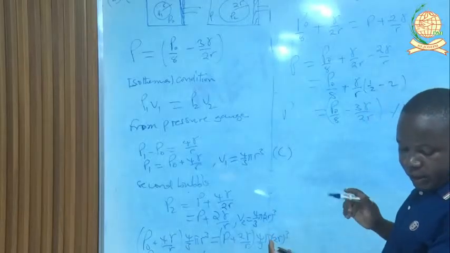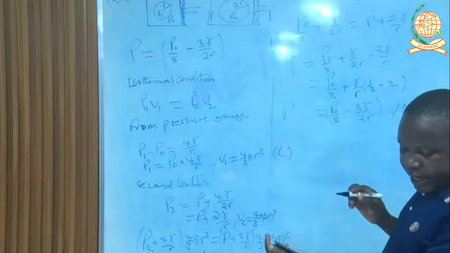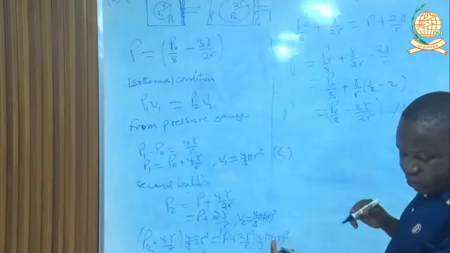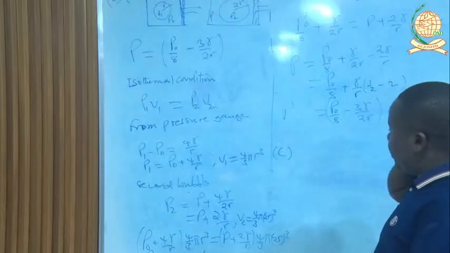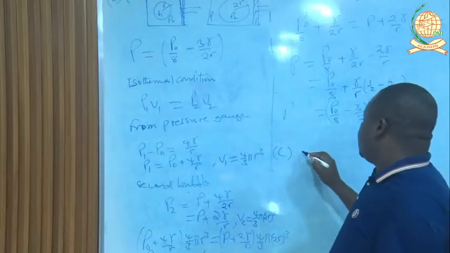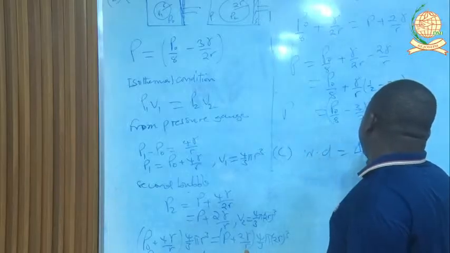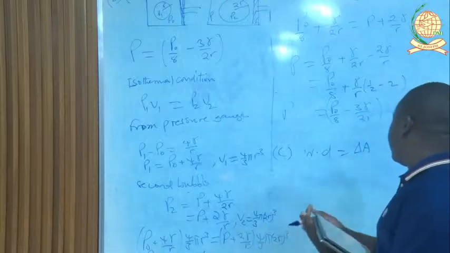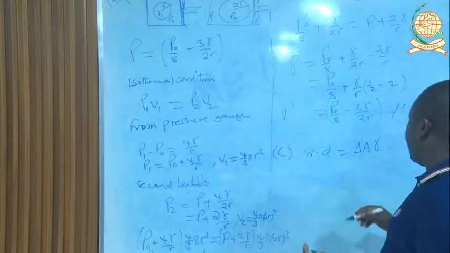The next is Roman 2. Calculate the work done against surface tension force in blowing a soap bubble from radius R1 to R2. So the work done always is equal to the change in surface area times the surface tension.